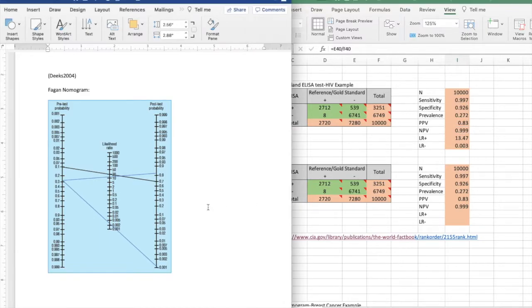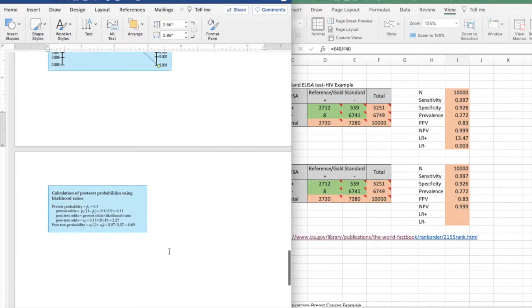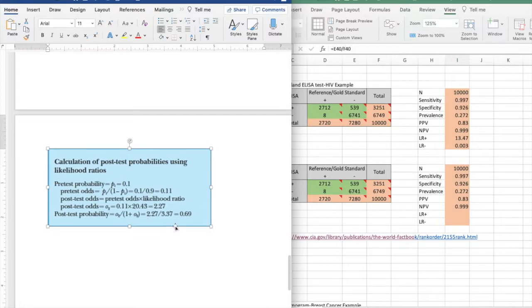A couple things of note here. You might wonder, how do they know where the likelihood ratio goes in the middle? How exactly do they get this relationship? You can calculate it by hand right here.